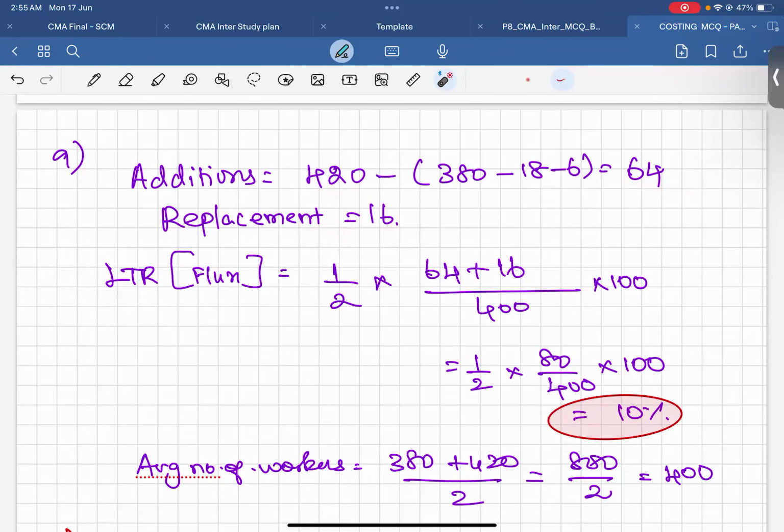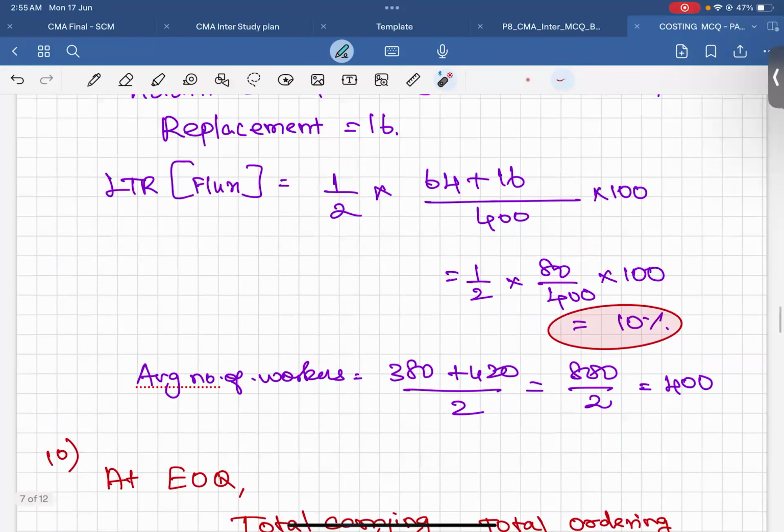So the flux formula is 1 by 2 into labor turnover rate. They are asking for the rate, so I need to multiply by 100. Under the flux method it is 1 by 2 into (64 plus 16) divided by 400 into 100. Number of additions plus replacements divided by the average number of workers. How do I find the average number of workers? Opening plus closing divided by 2.